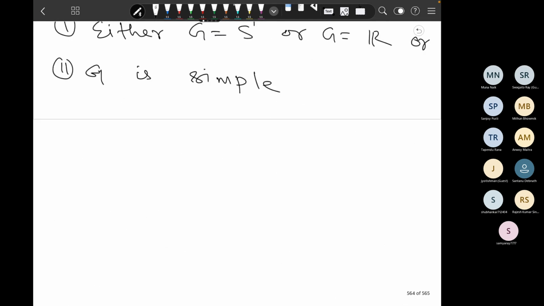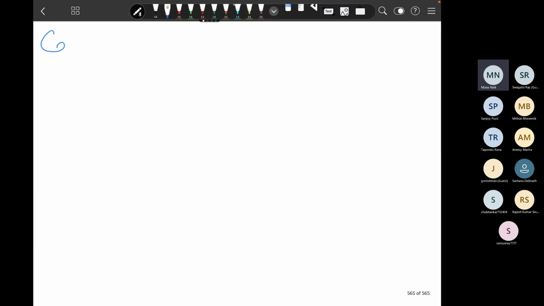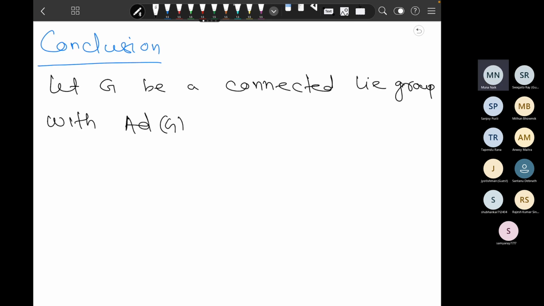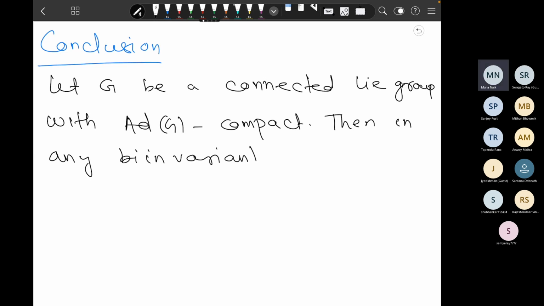So now let us write the conclusion. Let G be a connected Lie group with Ad(G) compact. Then with any bi-invariant metric, G is a Riemannian symmetric space.